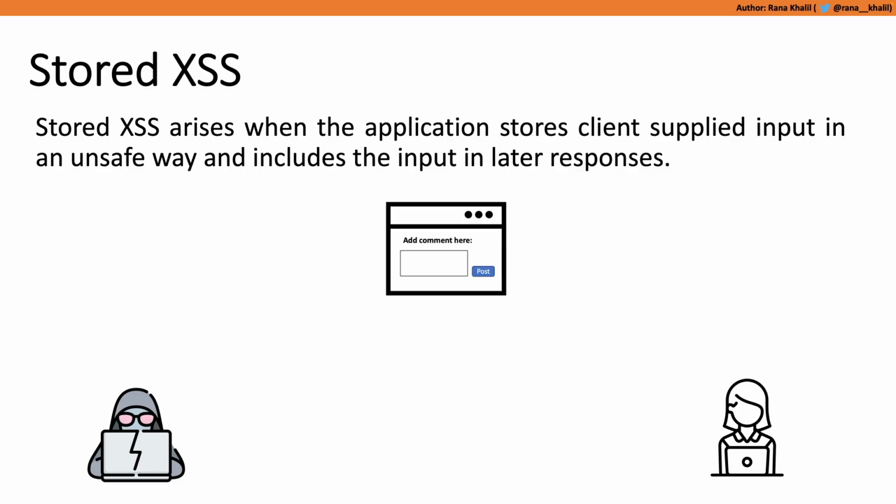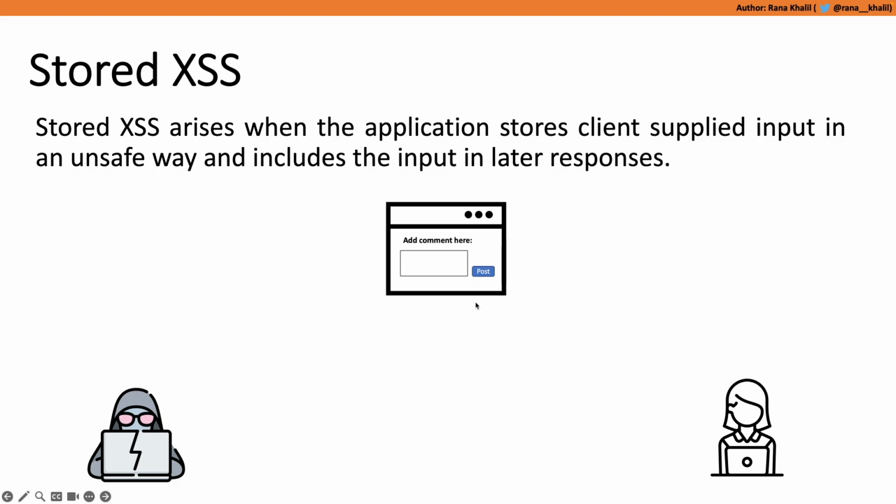Let's take an example to better understand this. Imagine you have an application that allows you to post your review on products that you bought, and this review becomes available to everyone else that visits the page for that specific product.